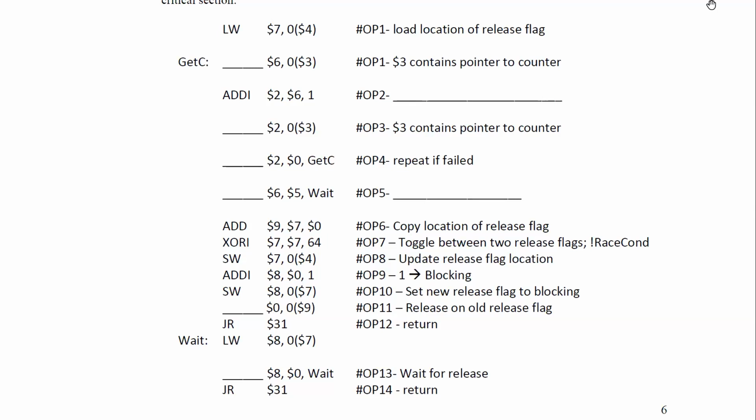Hopefully, it should be pretty clear this is LL, right? This is load linked. So I'm going to grab the current value with load linked. This is my update to the counter value. Told you we were incrementing a counter by 1. Hopefully that's easy to follow.